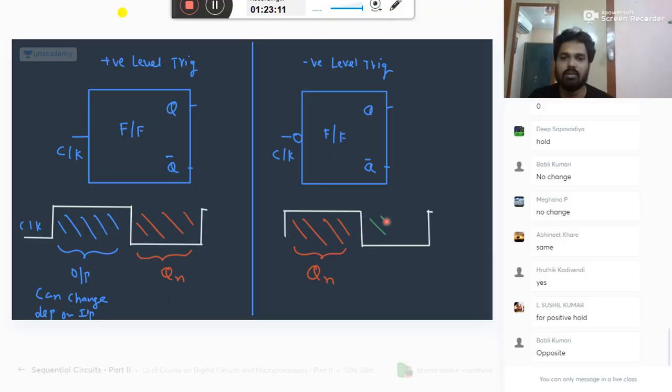Here, green signal. Output can change. This is just a reverse analysis of this one. This is what we call positive level, negative level triggering. Is it okay?